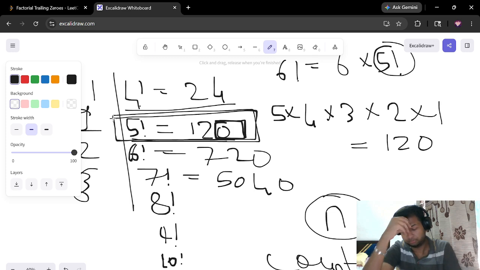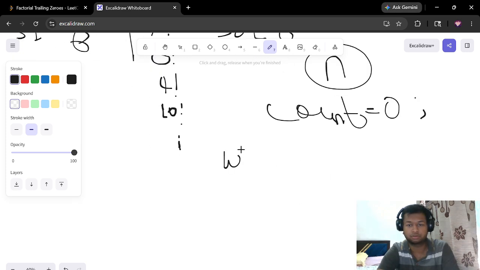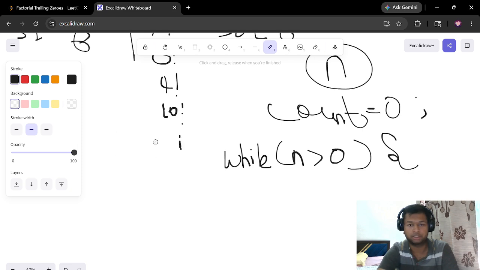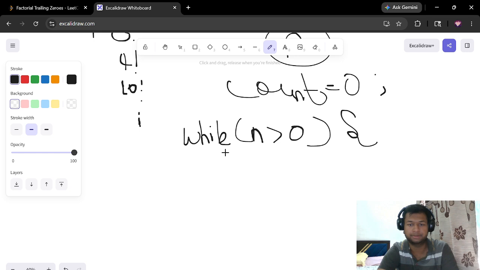We don't know how many iterations we have to do, so we will use a while loop and check that the number is greater than 0, because negative factorials are not defined, as you have studied previously.